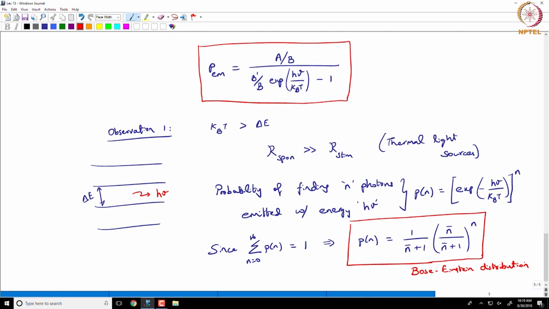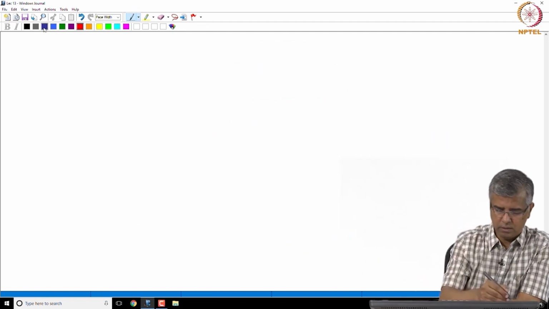Okay, and in such a case, so we are talking about thermal light sources, right? It's actually following this Bose-Einstein distribution, and it's where we can quantify n bar.